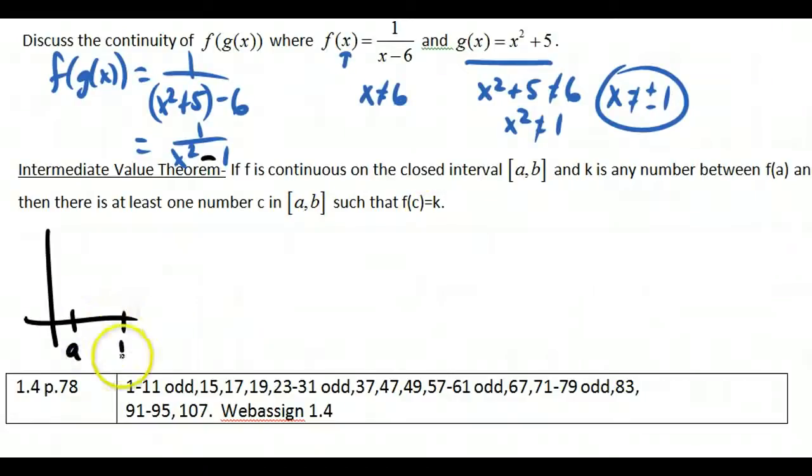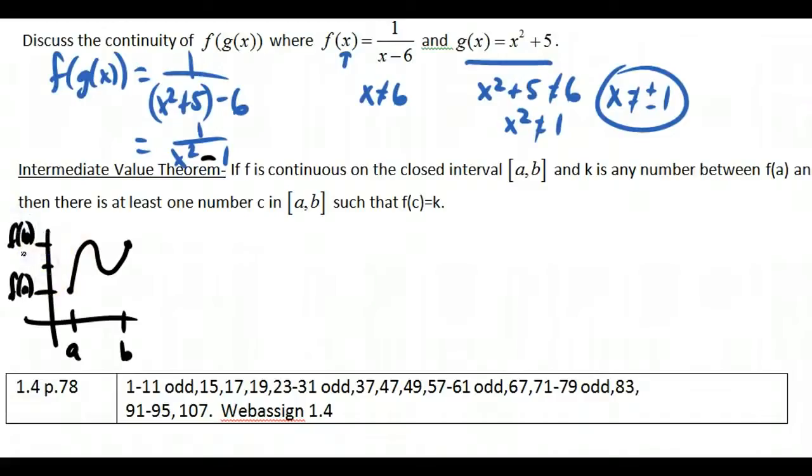Let me draw a picture. This is the easiest way to do it. That means that if I have a value here, and I have a value here, and somehow I have a continuous function, this is f of a, and this is f of b.